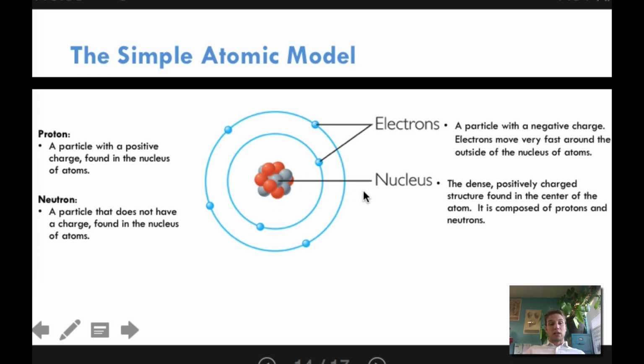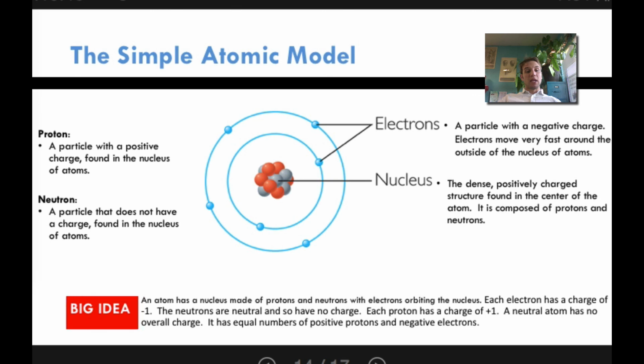And then electrons are these really tiny particles that have a negative charge, and they're zipping around the outside at different distances from the center of the atom. The big idea here then is that an atom has a nucleus which is made up of protons and neutrons with electrons orbiting the nucleus, and each electron has a charge of -1.